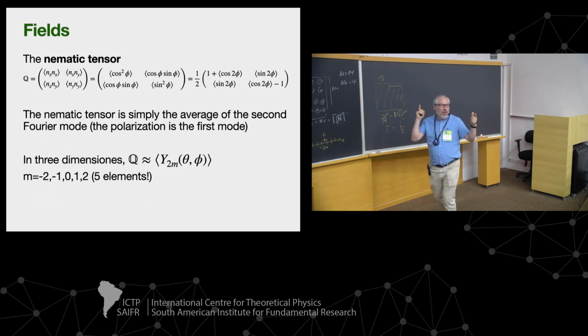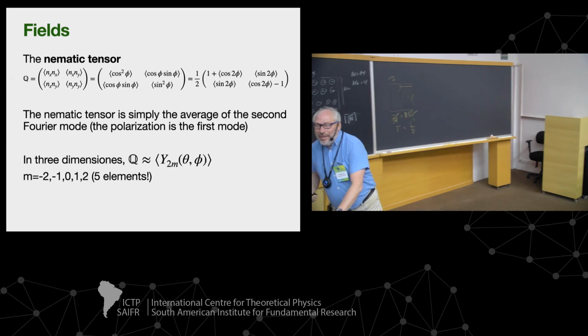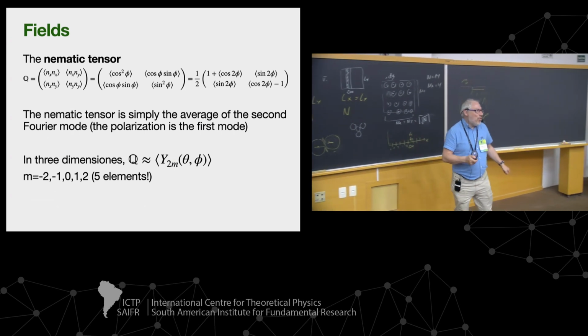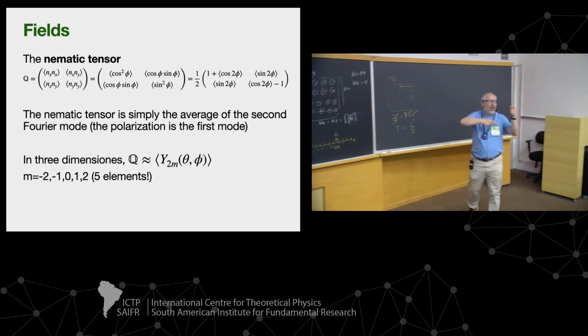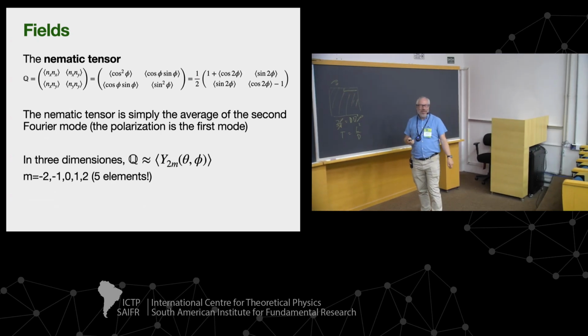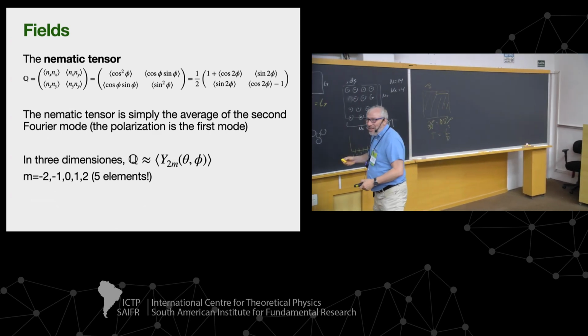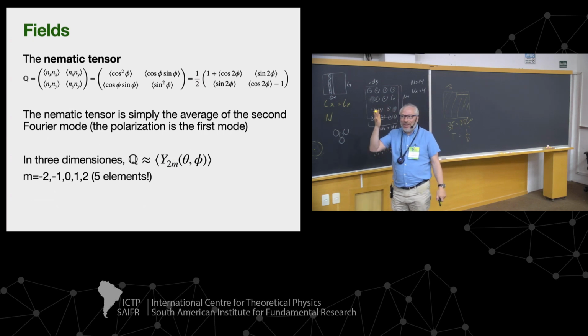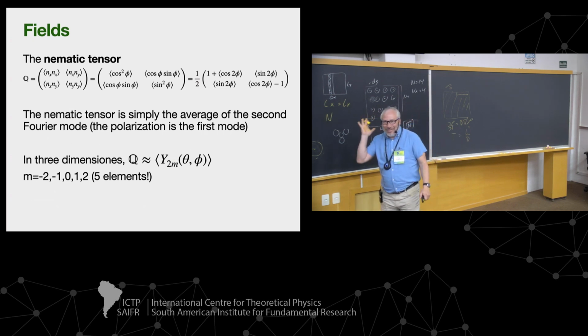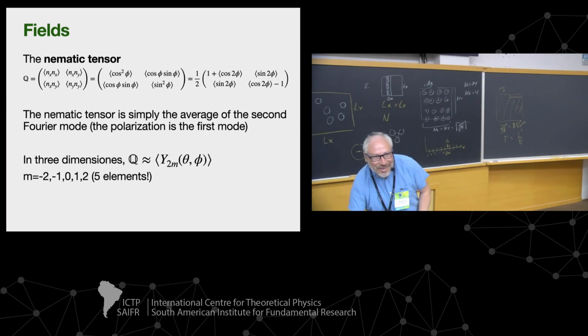And you remember from your course of mathematical methods or from high school when you knew the orbitals of the electron or the hydrogen atoms, that m runs from -2 to 2. So you have -2, -1, 0, 1, 2, 5 different numbers. As Julia said yesterday, in the Q tensor, you have 5 independent quantities. It's the same thing. Yes?